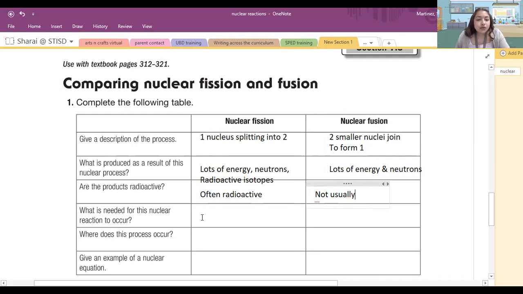What is needed for this nuclear reaction to occur? So for fission, we need a neutron to start the chain reaction. Neutron singular, and then for fusion we need high temperature and pressure. Where does it occur? For fission, we have our nuclear reactors and the atom bombs.